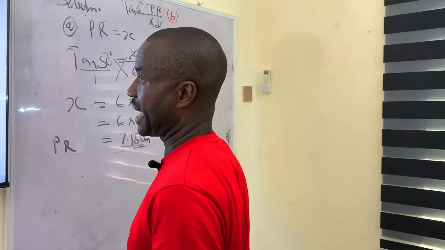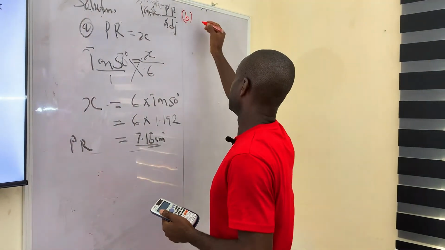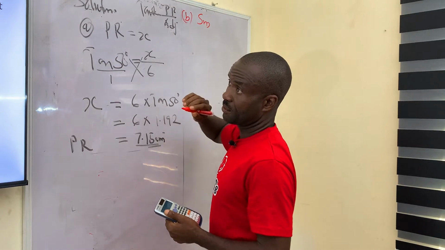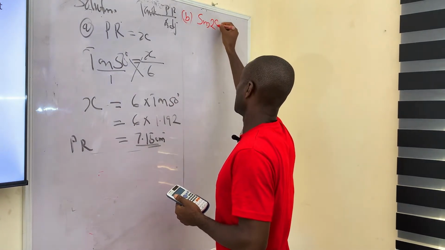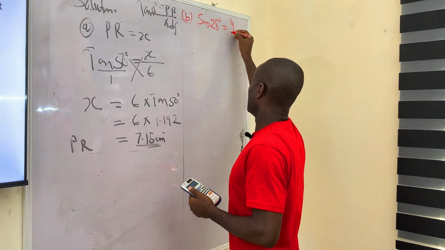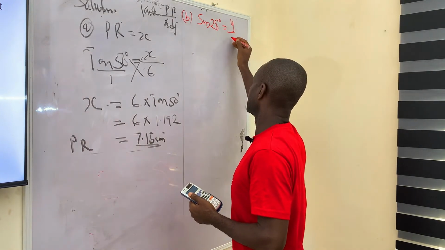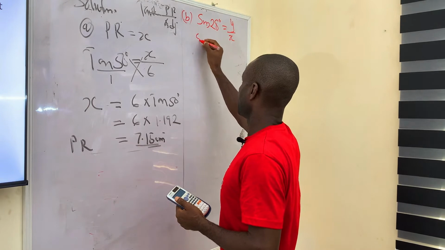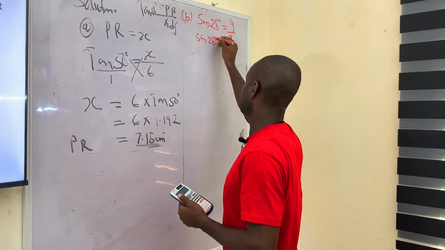So Y over X will give you sine of the angle. What's the angle? 28. Sine 28 degrees is going to be Y over X.